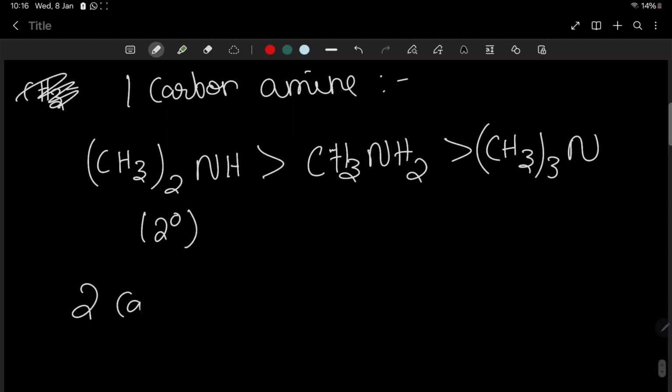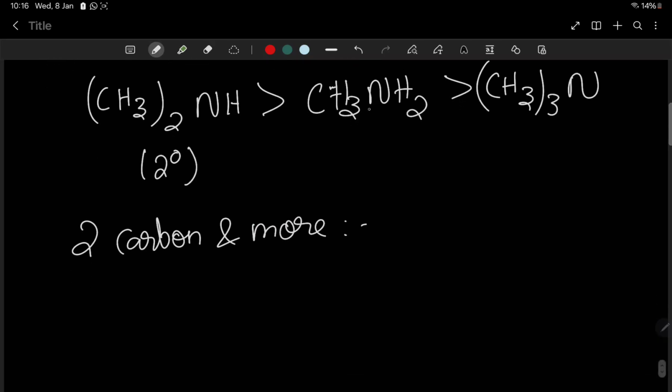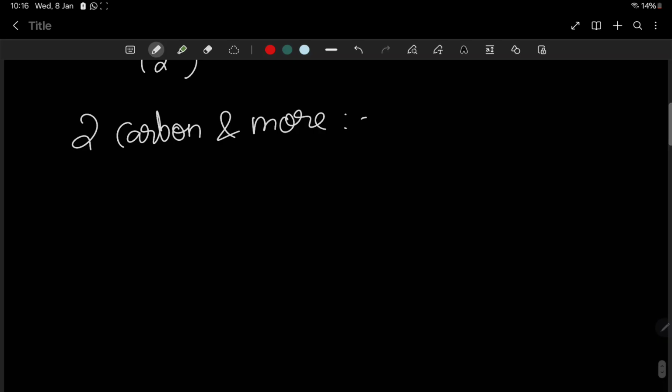For 2 carbon amine and more, the order is different. Here the order for 1 carbon amine was secondary, primary and tertiary. For 2 carbon and more, that is from ethanamine and onwards, the order is different. There also secondary is always first rank holder.